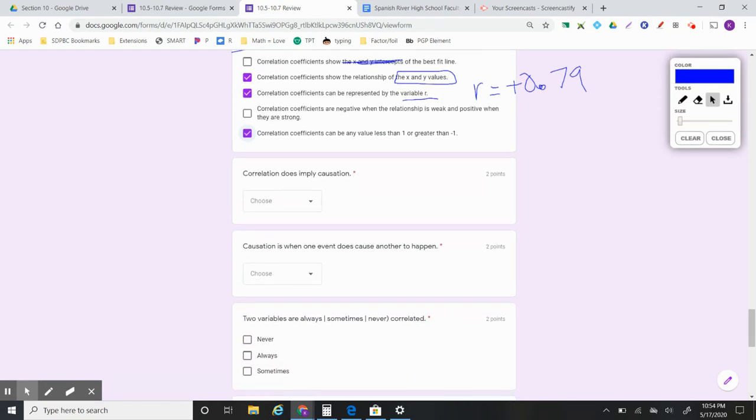Next one says correlation does imply causation. This is a big false. It does not imply causation. They can just be related to each other, but have no cause and effect whatsoever.